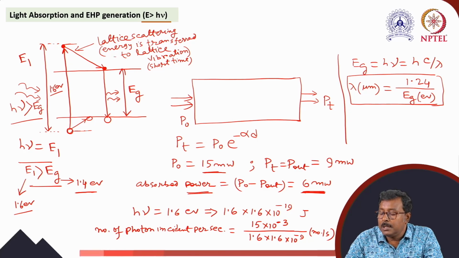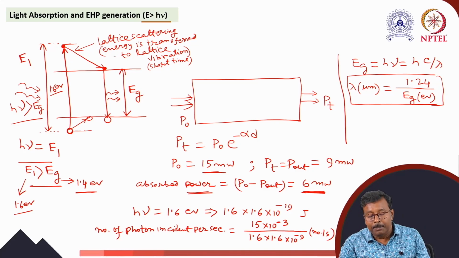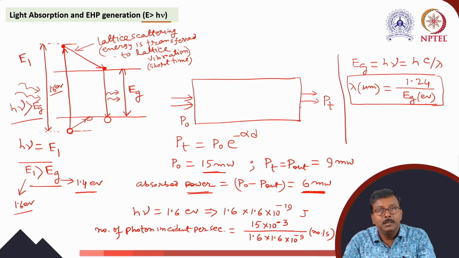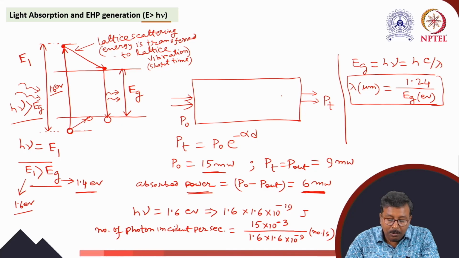But be careful, this Eg is in electron volt and lambda will come in micron. Ultimately, whatever we have seen, alpha depends on wavelength. Also, the h nu, energy of a single photon, if it is more than the band gap, there are some losses.